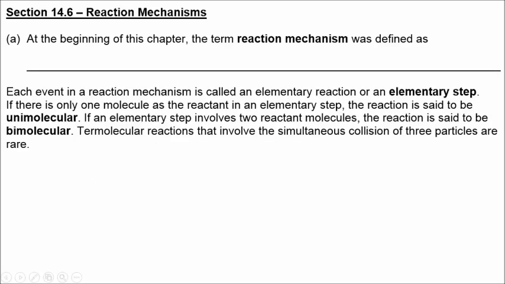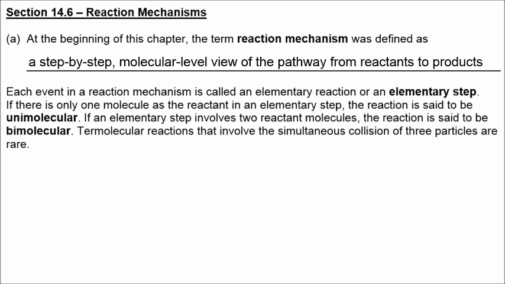Section 14.6, Reaction Mechanisms. At the beginning of this chapter, the term reaction mechanism was defined as a step-by-step, molecular level view of the pathway from reactants to products. Each event in a reaction mechanism is called an elementary step, and if there is only one molecule as a reactant in an elementary step, then that reaction is said to be unimolecular.